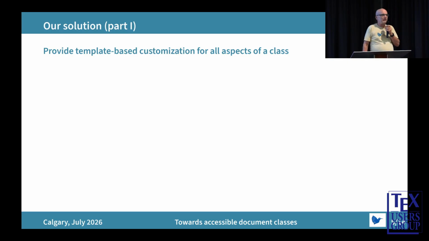So what's the solution from our end, from the LaTeX project? It comes in two parts. The first is we want to provide a template-based customization solution for class design. And this is not a new idea, as most of the stuff that we are doing, it takes about 20 years to make it possible between invention and implementation.